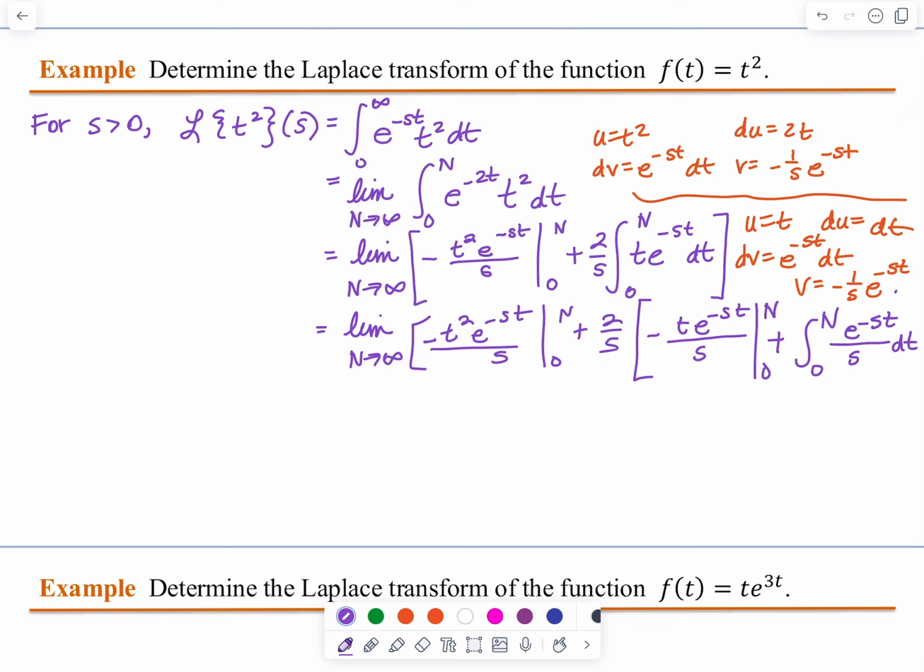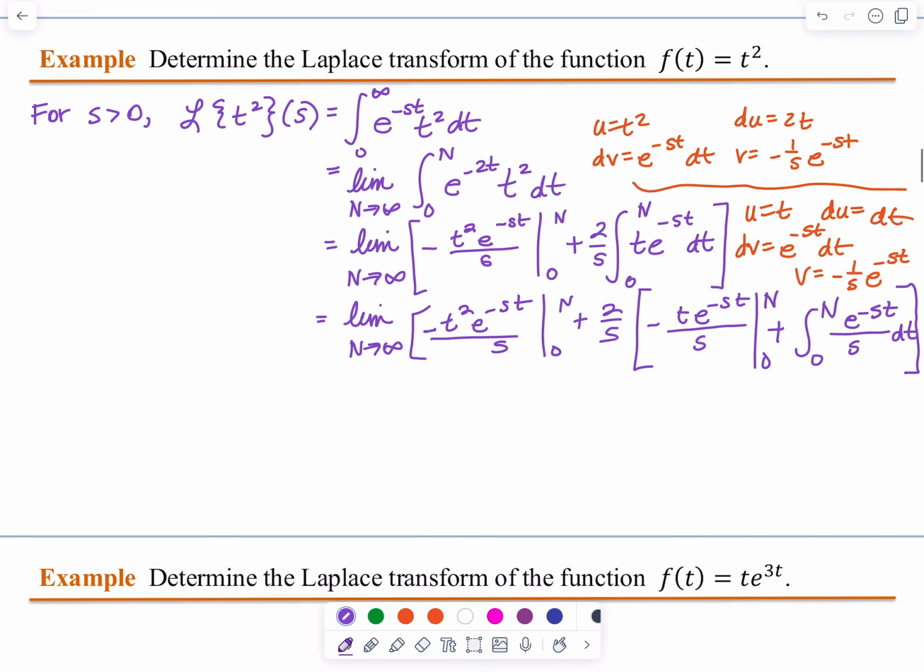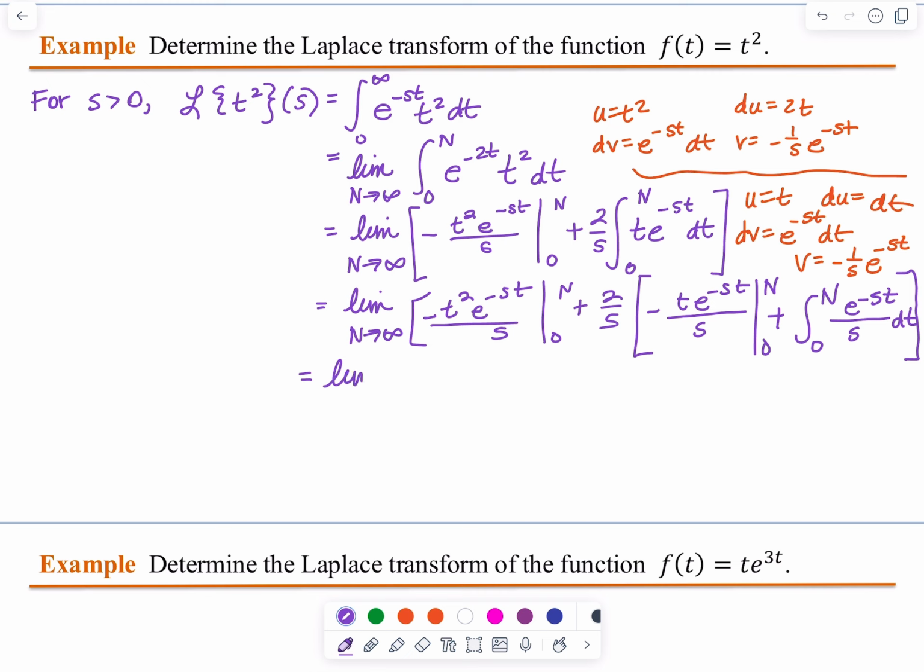Of course, we still have this limit, so now we have the limit as n approaches infinity, and now all of these are going to be evaluated from 0 to n, and I will also factor out an e to the negative st, and now we will have negative t squared over s, and we will evaluate that from 0 to n, and then we have a negative 2t over s squared.